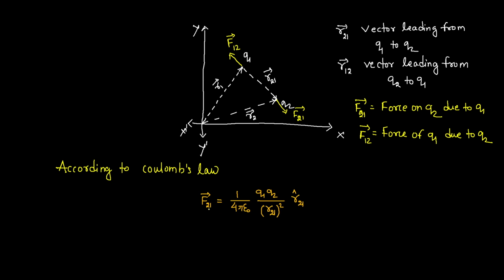The direction of force, where R21 cap is the unit vector along R21. ठीक है. Then it is also followed that F12 will be equal to 1 by 4 pi epsilon naught Q1 Q2 by R12 square R12 cap. ठीक है.